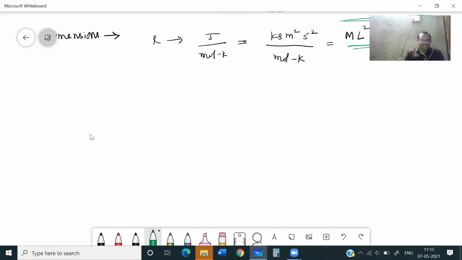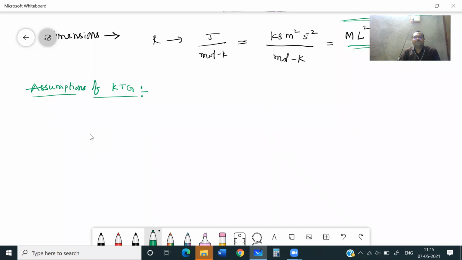Now we are going to discuss the assumptions of kinetic theory of gases. In order to study the gas laws, Boyle's law, Charles law, Gay-Lussac law, Avogadro's law, Rudolf Clausius, the name of the scientist, and one more scientist, they have given some points about gases, means when they are in motion, how they will behave, and what are the points we need to consider.